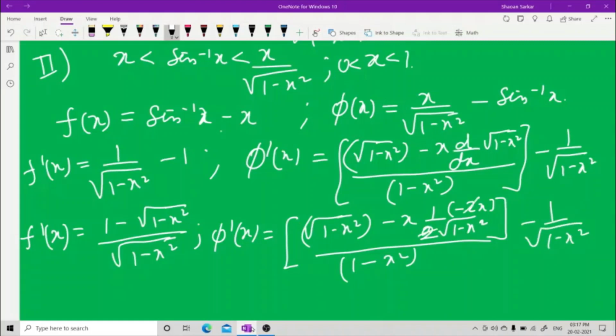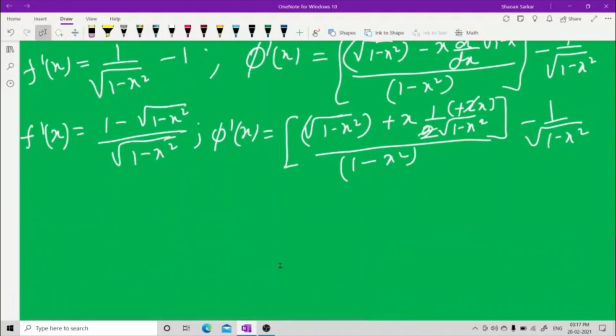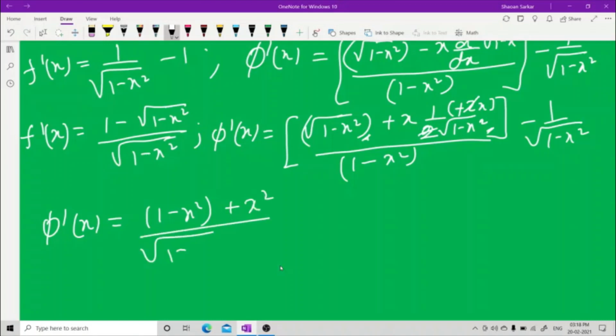This 2 cancels with this 2, this minus with this becomes plus. So now phi dash x, take the LCM of this and this: 1 minus x square plus x square upon under root 1 minus x square, 1 minus x square, minus 1 upon under root 1 minus x square.